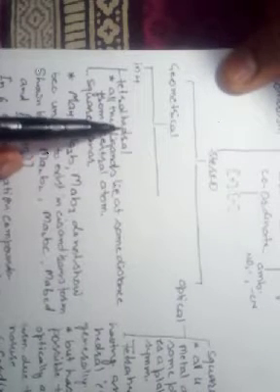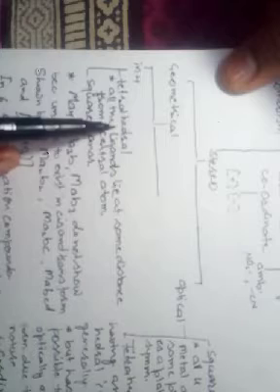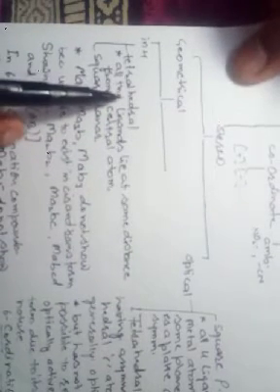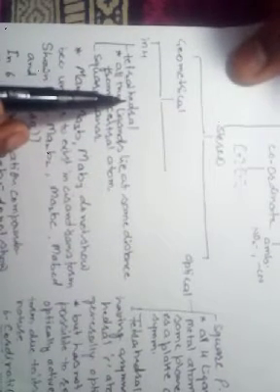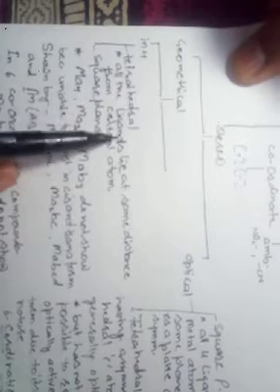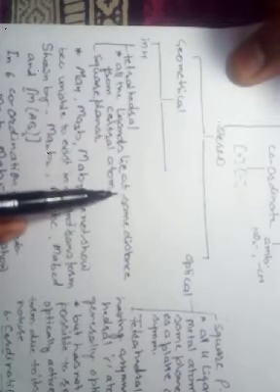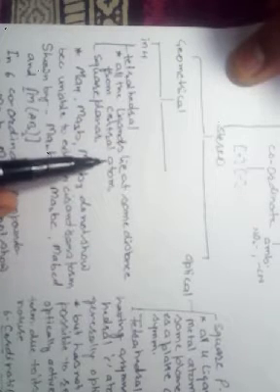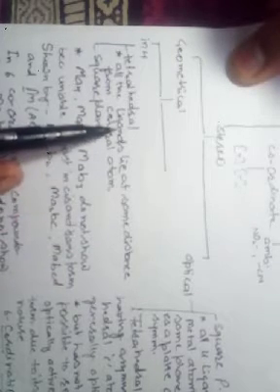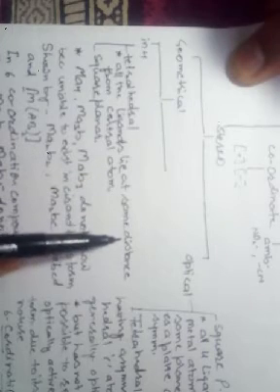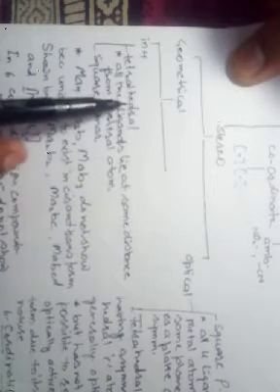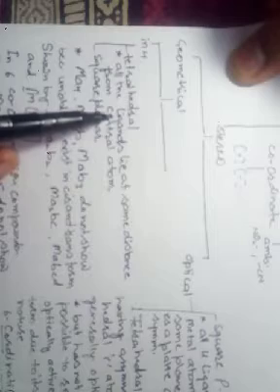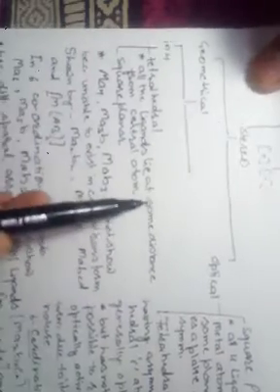Tetrahedral compounds are not going to show geometrical isomerism. Why? Because all the ligands lie at the same distance from the central metal atom. This is the reason why tetrahedral compounds do not show geometrical isomerism.